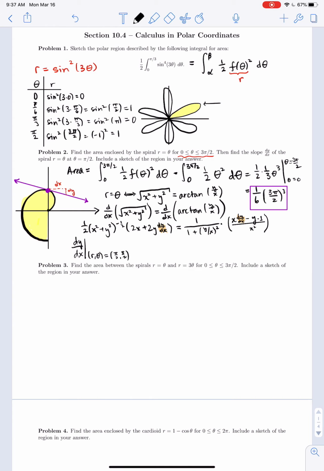We'd be looking at what dy/dx is at that polar coordinate. But our dy/dx, of course, will not have r's and thetas. It will have x's and y's.